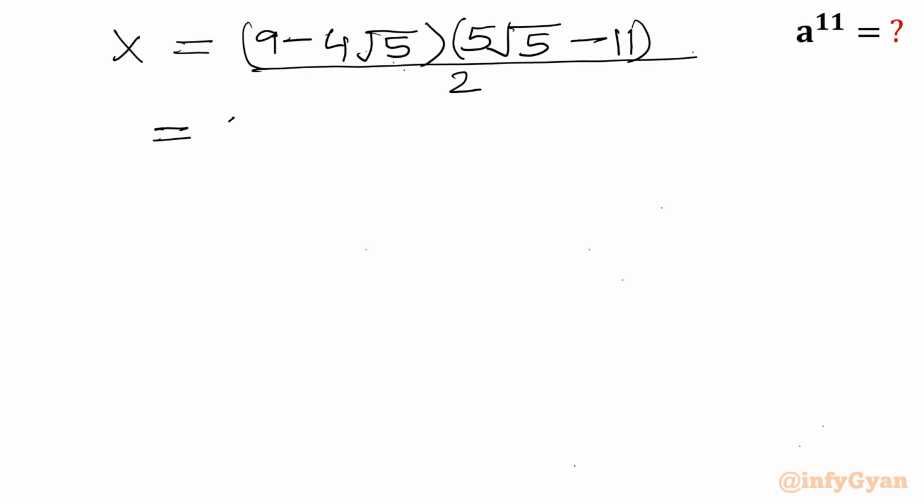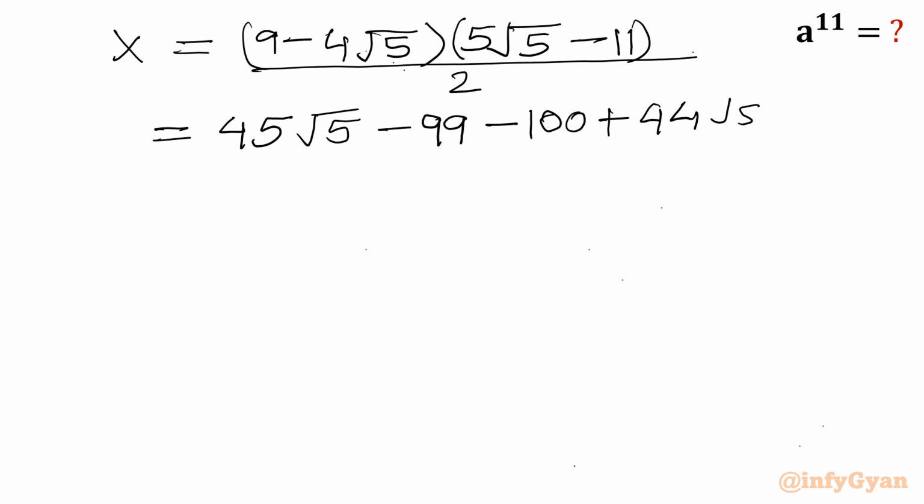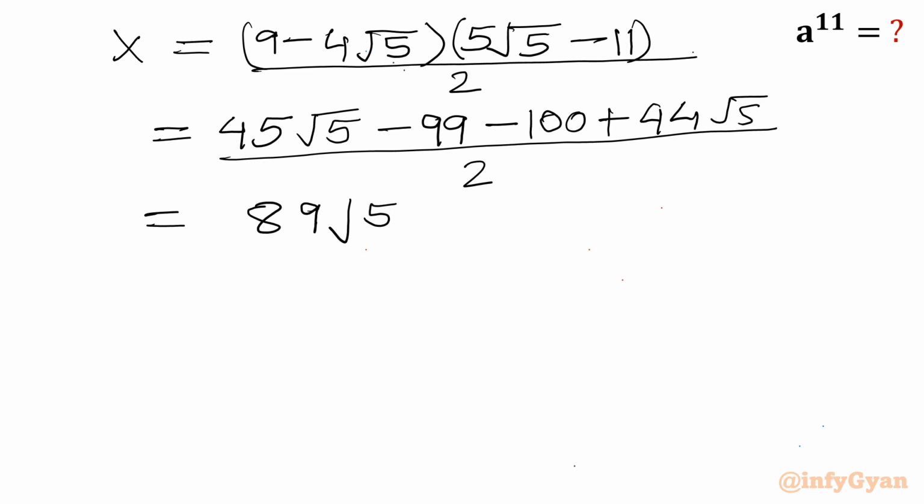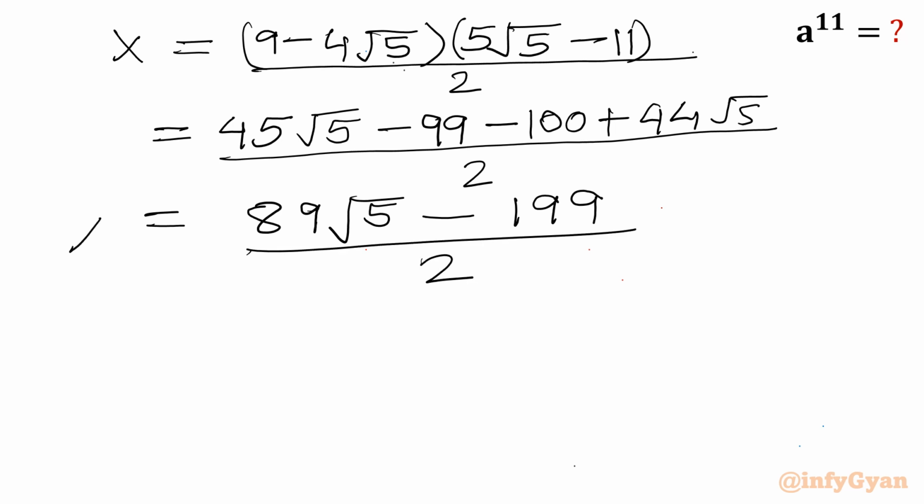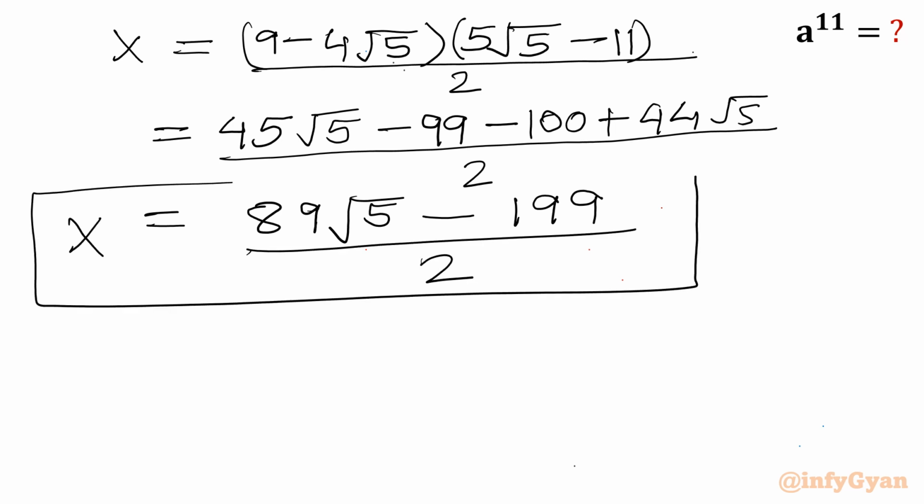So we can write 45 root 5, then it is minus 99, then it is minus 100, then it is plus 44 root 5, divided by 2. 45 plus 44, it is 89 root 5 minus 199 divided by 2. This would be our final answer.